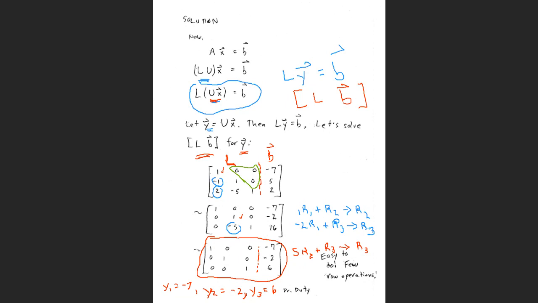Well, now that we know the vector y, remember what we had. How was y defined? Well, U times the vector x was equal to y. Now that we know what y is, we can solve this equation for the vector x.